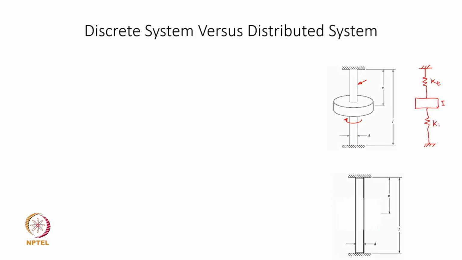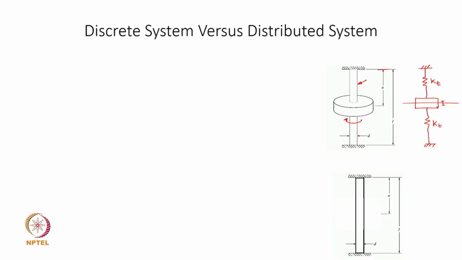That way we model this system as either a single degree of freedom system, or if there are multiple discs, then as the number of discs increases, we can keep on adding inertias and the corresponding degrees of freedom. So the point here is the system is discretized and the mass properties are lumped at some definite discrete locations. For example, the location here is at a distance a from the fixed end, and the inertia is interconnected through the stiffness elements.